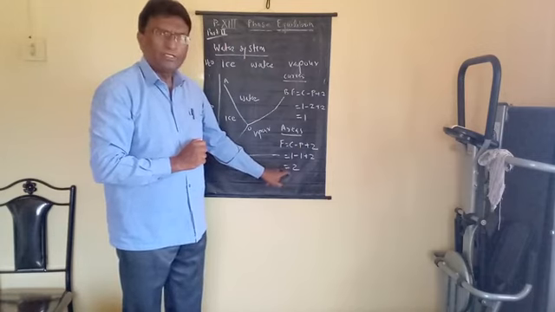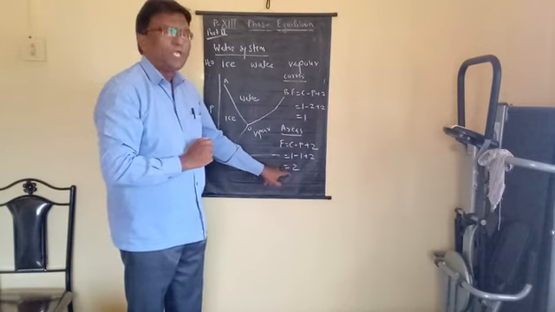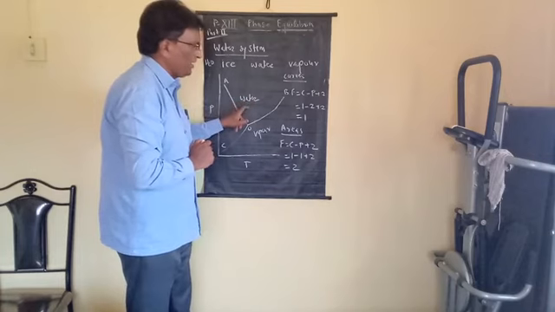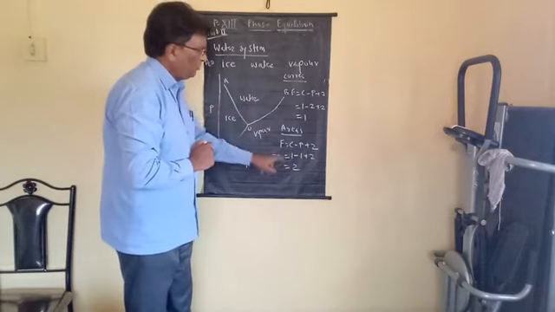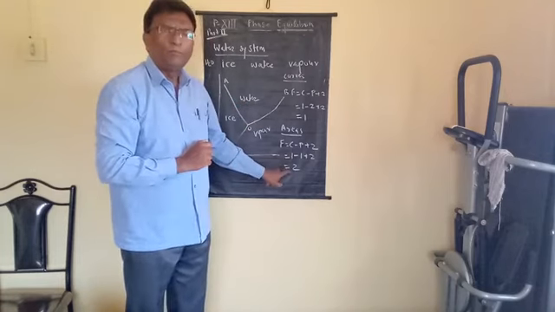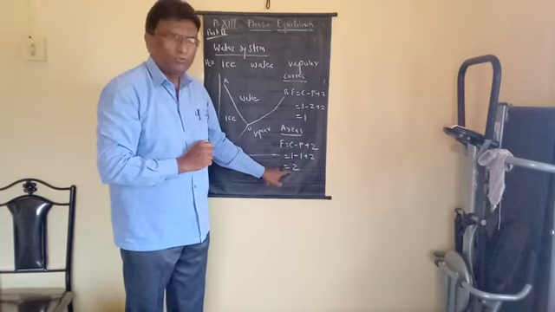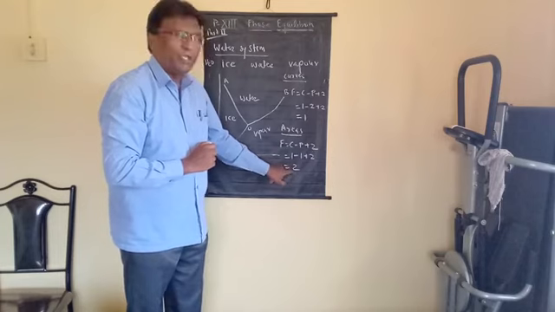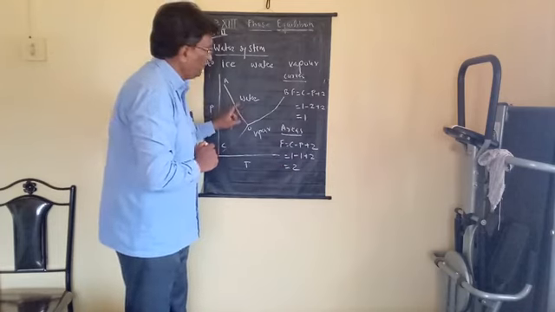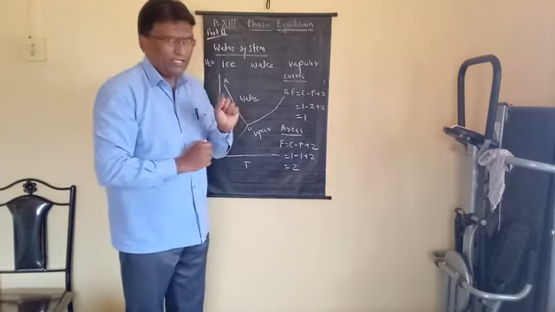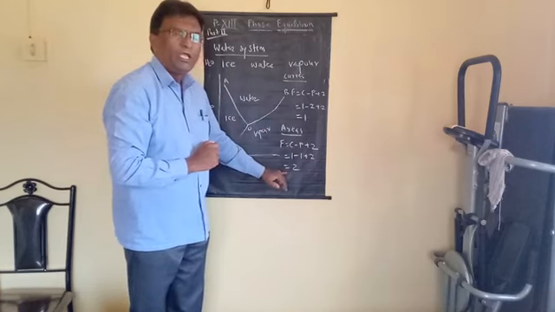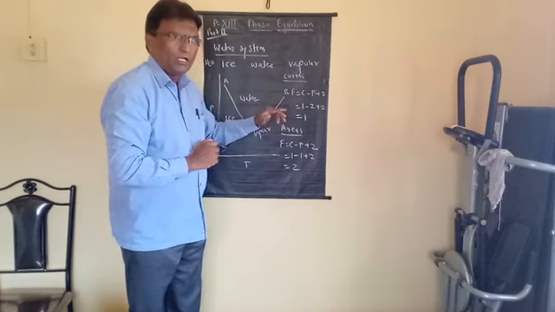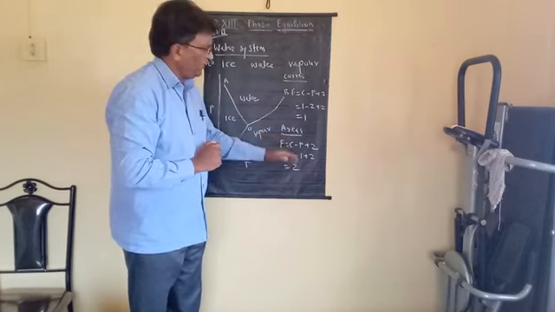What does it mean? If you want to define the system in an area, we have to fix two variables. Unless we state two variables, we cannot define the system in an area. That's why the system is bivariant in areas.